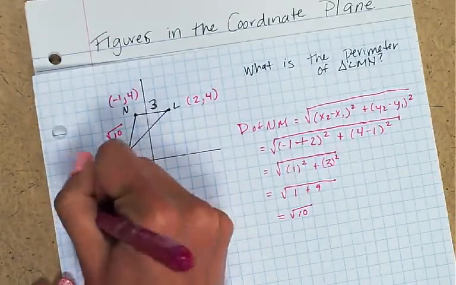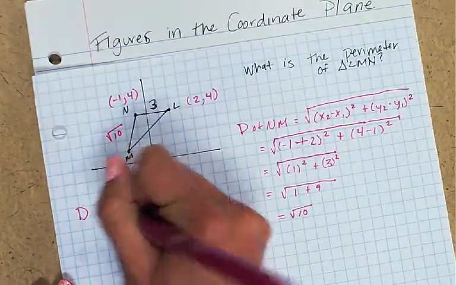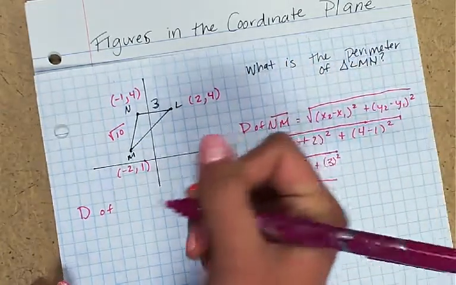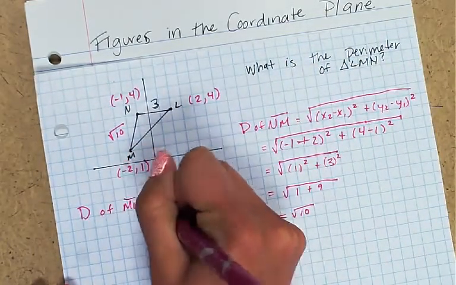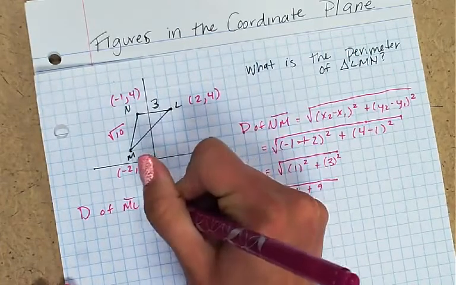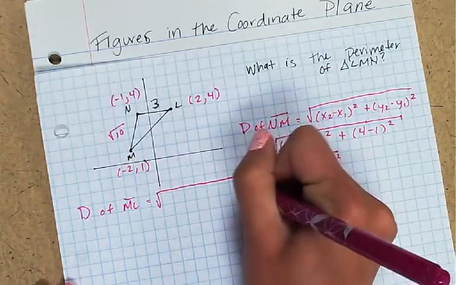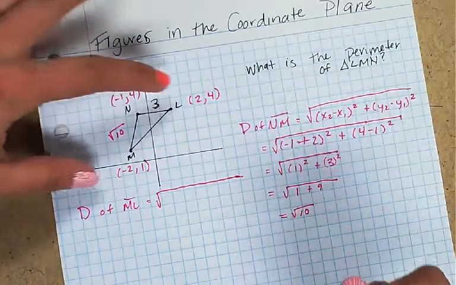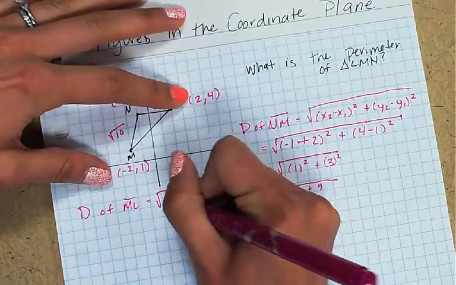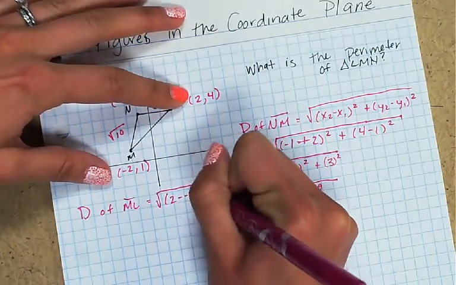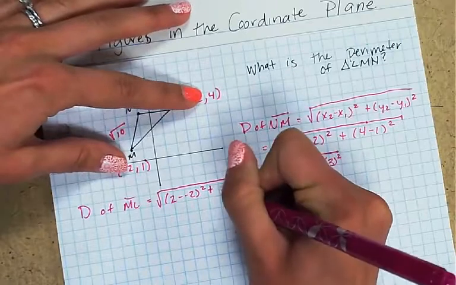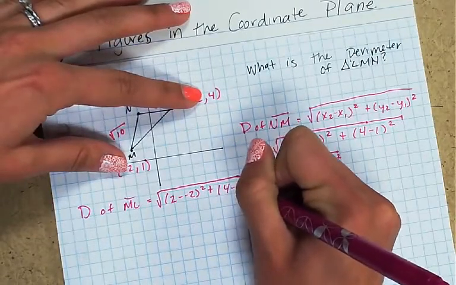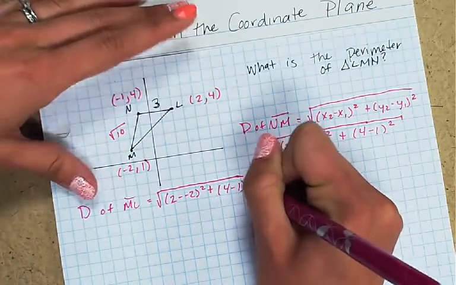So next, let's find the distance of ML. Okay, so x2 minus x1 squared plus y2 minus y1 squared.